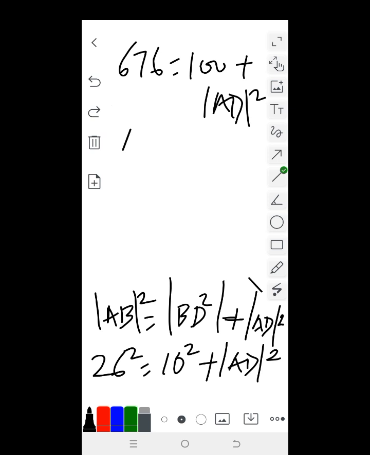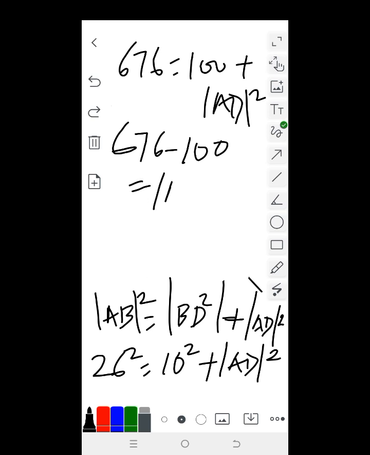We already have 676, that is 26 square. 26 square means 26 times 26, and if you multiply 26 times 26, you get 676, equal to 10 square. 10 square is the same thing as 10 times 10, and it is equal to 100 plus AD square.